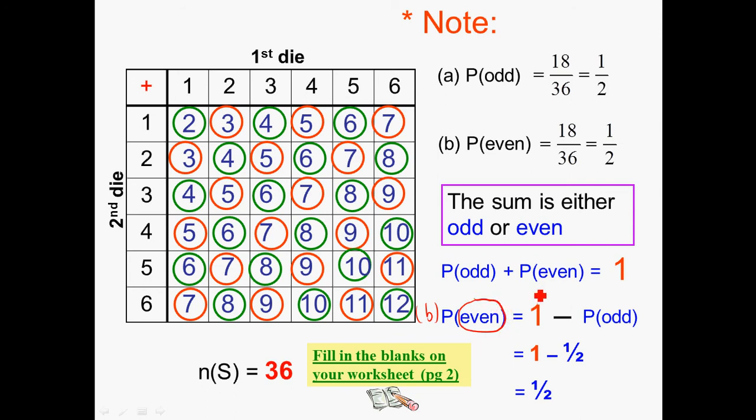You use the total probability, which is 1, and subtract away the probability that you don't want. So you use 1 minus the probability of odd, which is the case that we don't want.